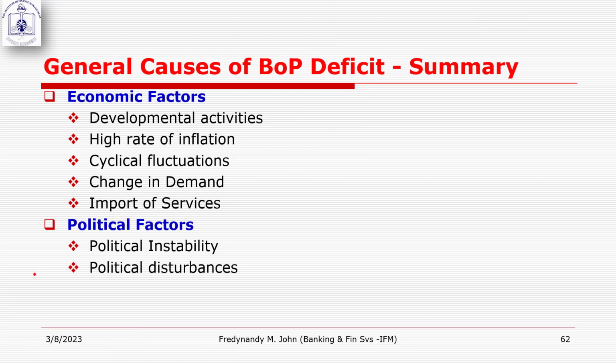Another factor for the balance of payment deficit is the political factors. Now, political factors can be political instability or political disturbances. Political disturbances are some changes of the governing laws by the parliament.